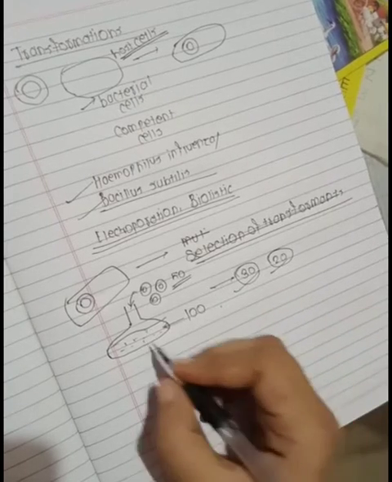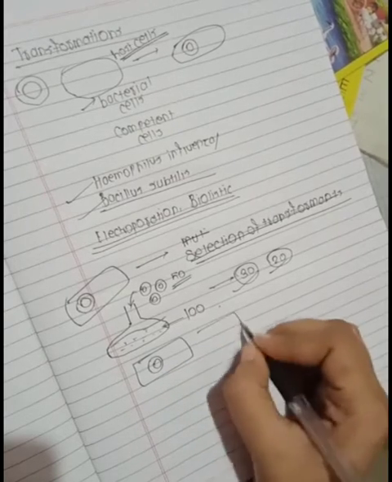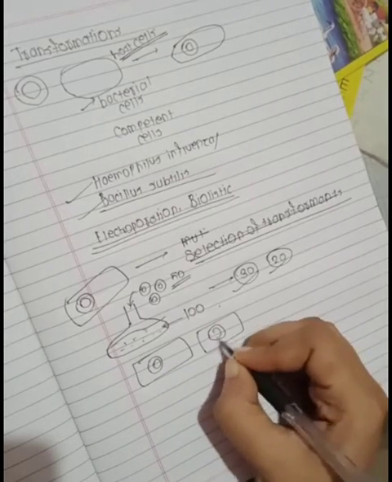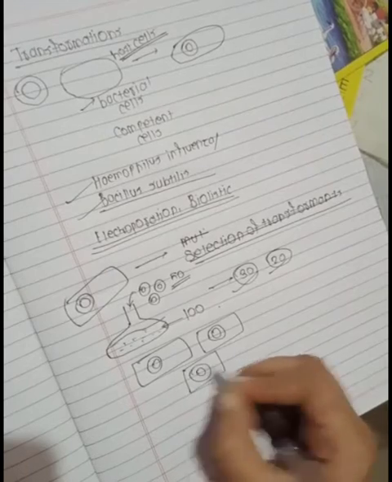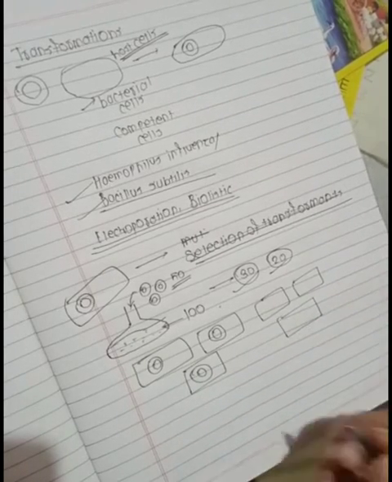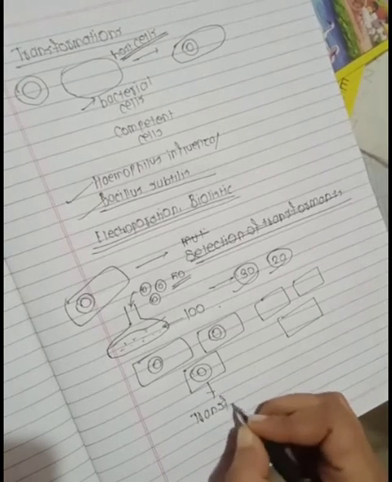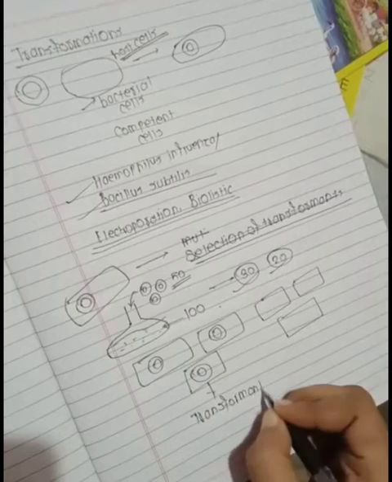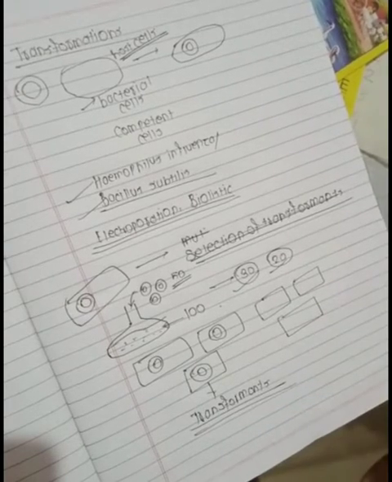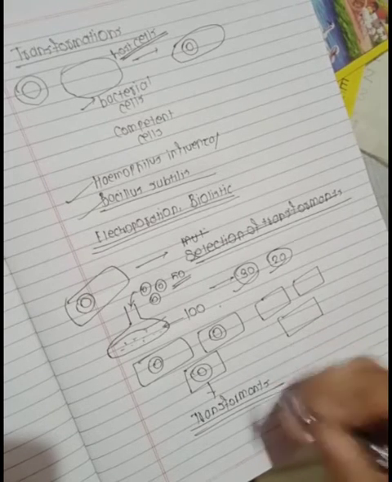So we have to select. Suppose these cells are the transformant cells, but these cells are not transformants. You have to select which cells are transformants, because why would you expend your energy multiplying host cells that are not transformed?